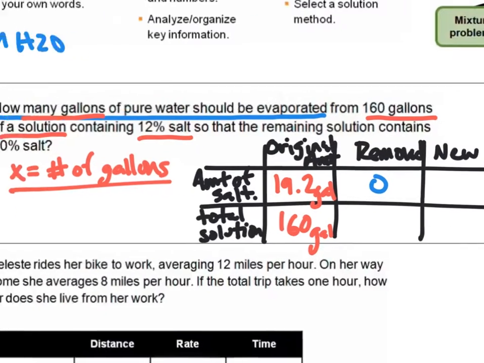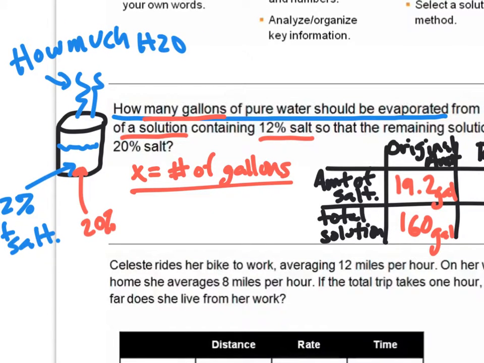What we do want to know is the amount of gallons to be removed. So let me write this. Number of gallons of water, of H2O, removed. Well, how much? We haven't done the problem yet.